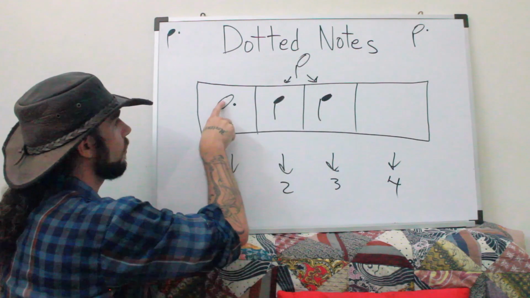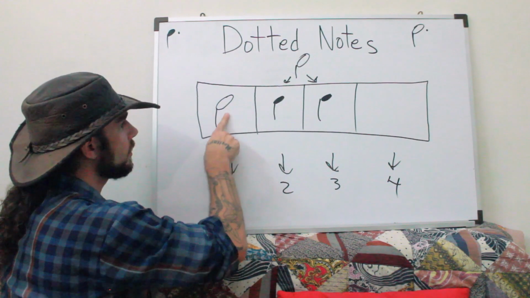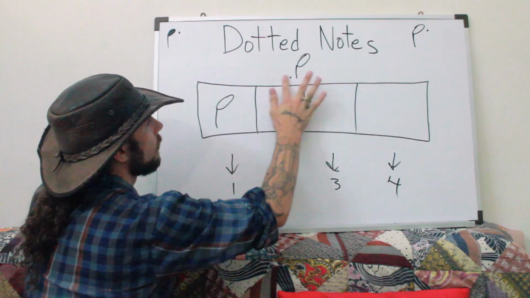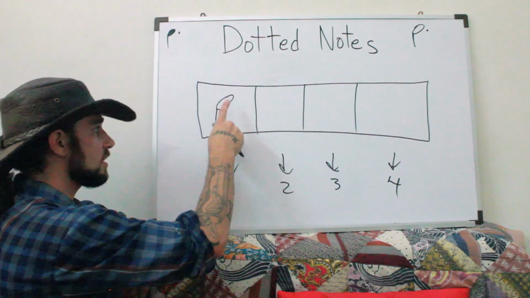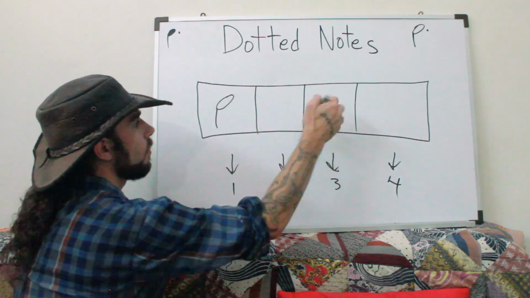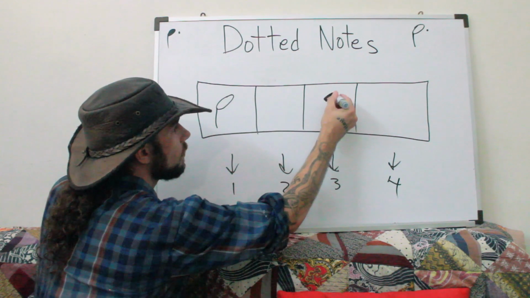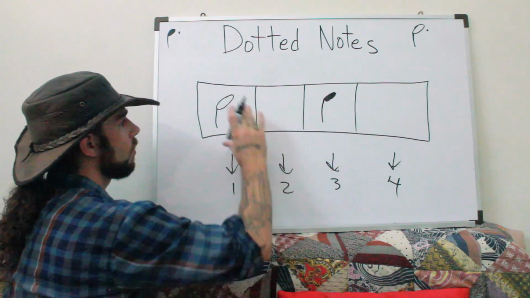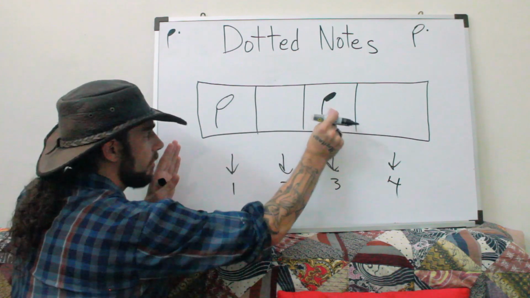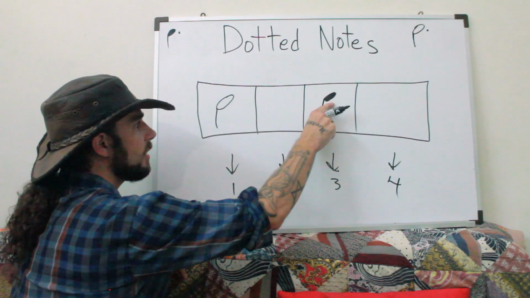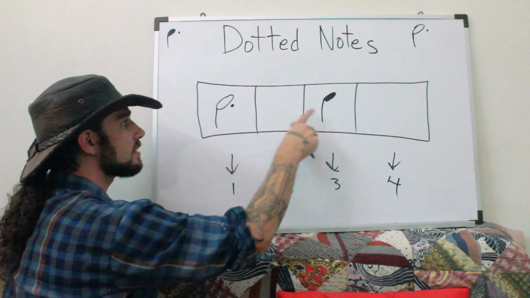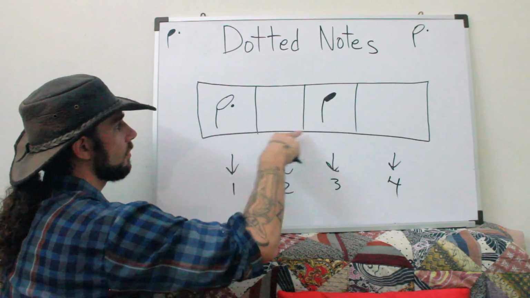So now we have our whole note here, but we want to add an extra quarter. This half note is going to receive 2 boxes, but I want a quarter note here. And I want all of this to be together, not separated. So by adding this dot, it's exactly the same as what we're representing here.